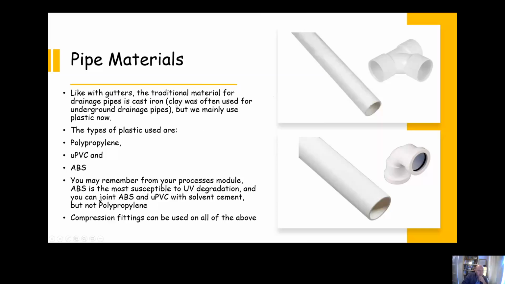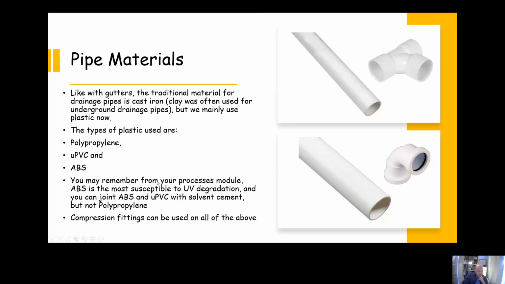Pipe materials. Like the gutters, the traditional material for drainage pipes is cast iron. So in Victorian era houses, they'll have cast iron pipes, and they might use clay for the underground drainage pipes, but most of the time we're going to use plastic now. There are three types of plastic we might use: polypropylene, normally used for waste pipes; UPVC, which can be used for soil and waste; and ABS, which again is normally used for waste.